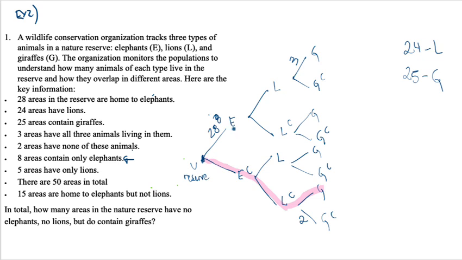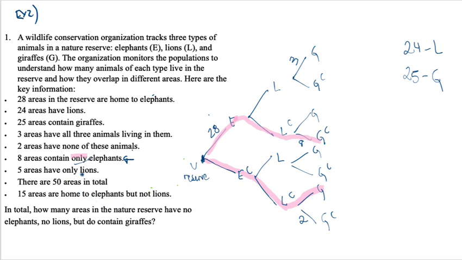What we need to do is to consider the "only" here. We're saying that I have elephant, and I don't have lion, and I don't have giraffe. Because I could have elephant, and have lion, and have giraffe. So this "only" here is very important. Okay, so this is the path, and we have 8.